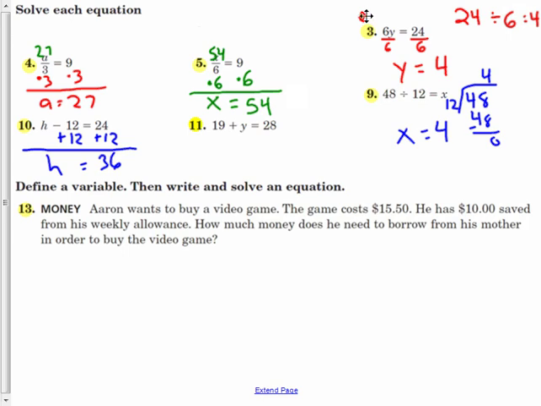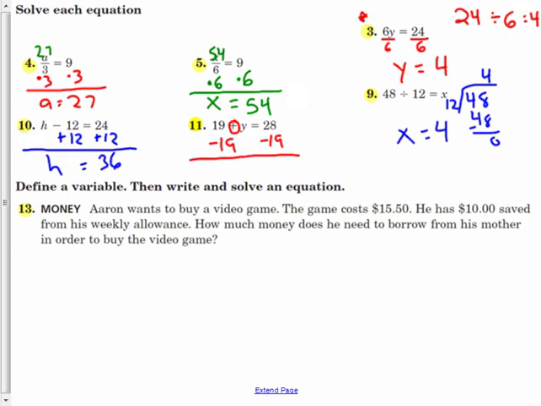Next, I'm going to look at number 11 here. 19 plus y equals 28. I have to look, first of all, at what the operation in the problem is. It is plus. The opposite of plus is minus, so I'm going to subtract. The opposite of plus 19 is minus 19. And anything I do to the left side to keep things balanced, I need to do to the right side.